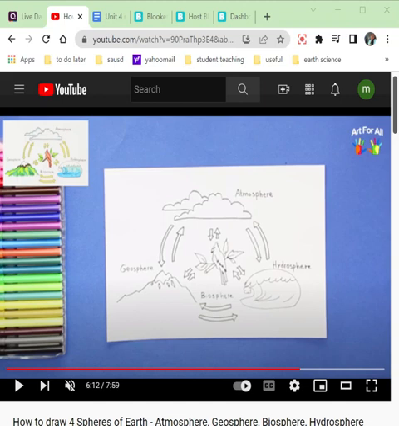Okay, first let's add this to our notes. The atmosphere, that's everything that's related to the air. That includes wind.